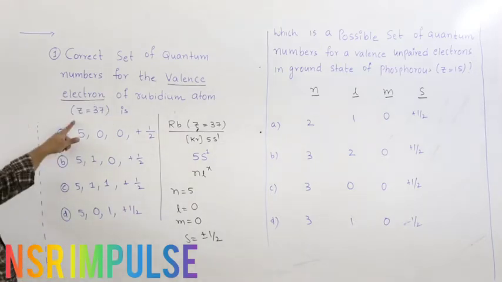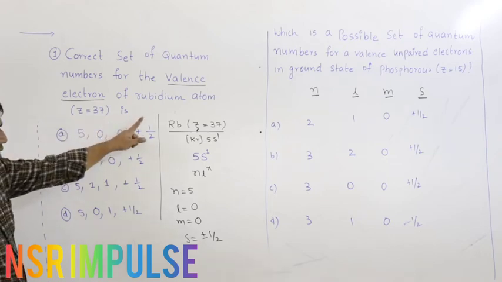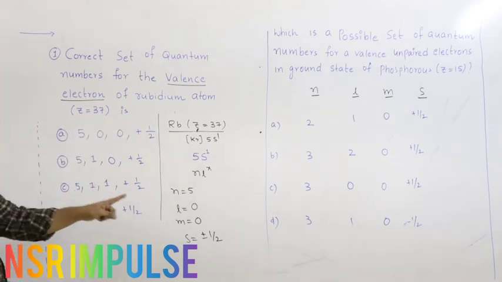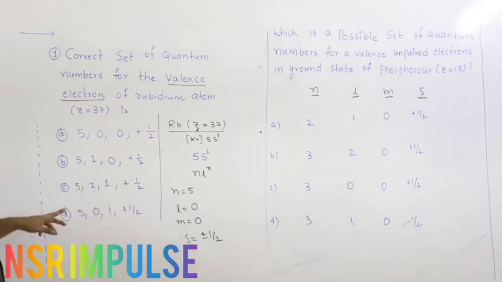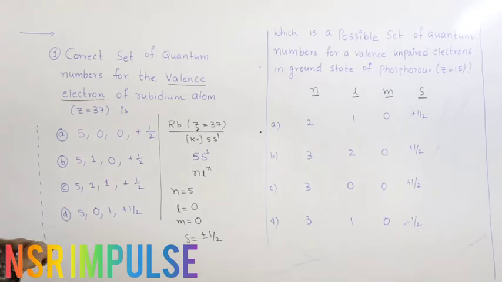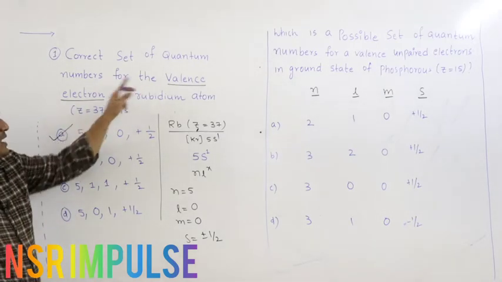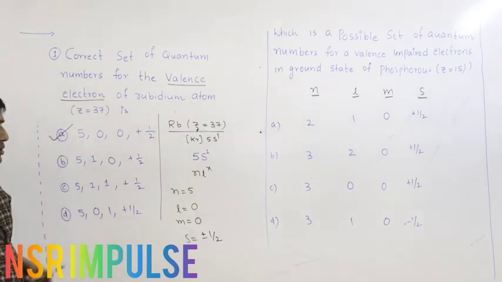So this is the principal quantum number 5, azimuthal 0, magnetic 0, spin plus or minus half. So the option should be the first one. Valency electron means the last electron.